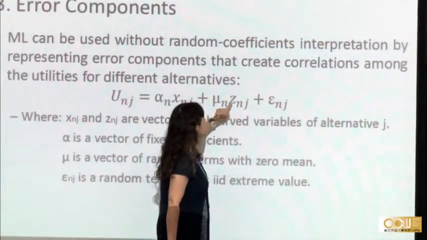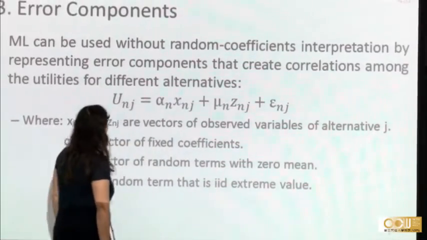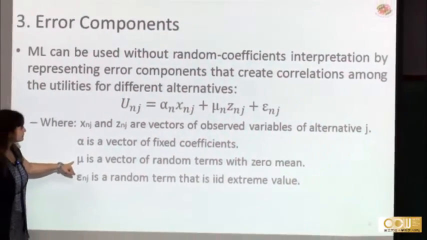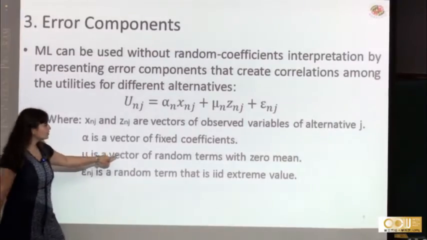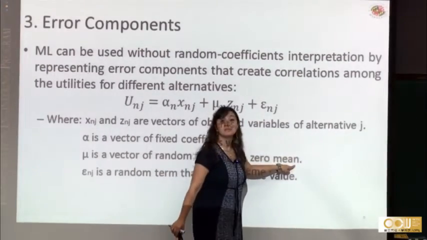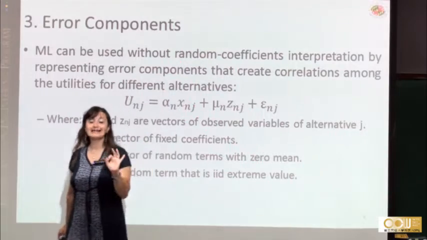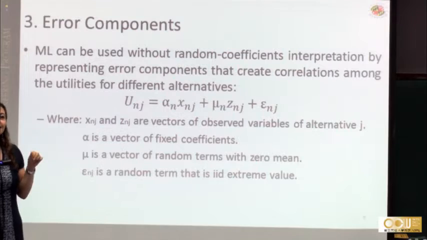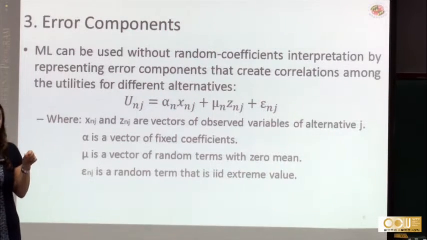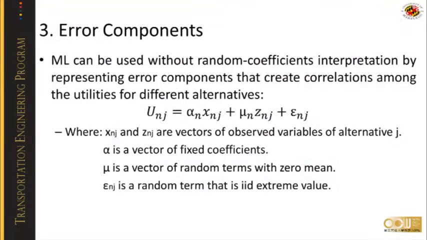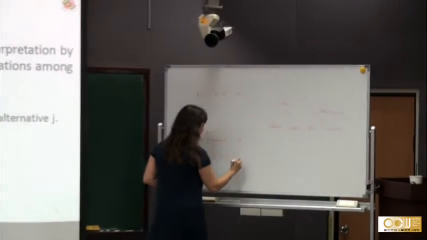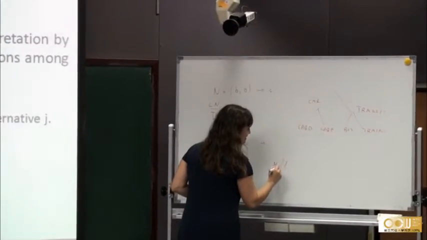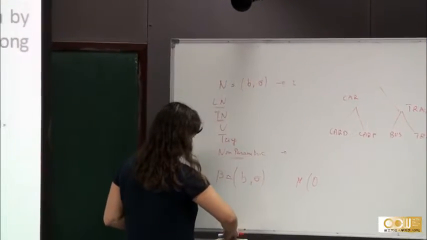But you have an additional component here, and this additional component is mu, a vector of random terms with zero mean. So mu is like the beta that you have seen before, except that the way you specify this mu is different because it's a random term with zero mean. So if beta was b sigma, this mu is zero, sigma. So this is normal, for example.